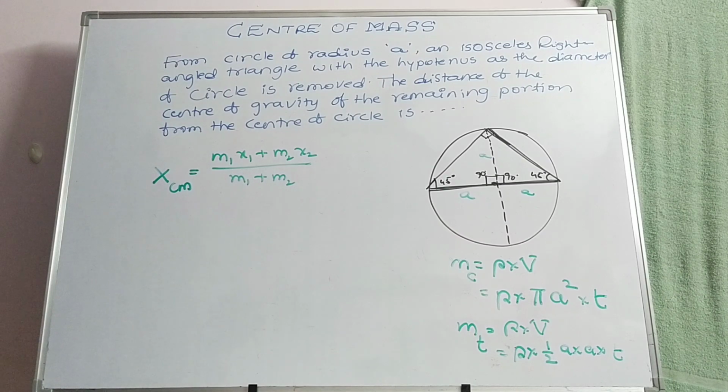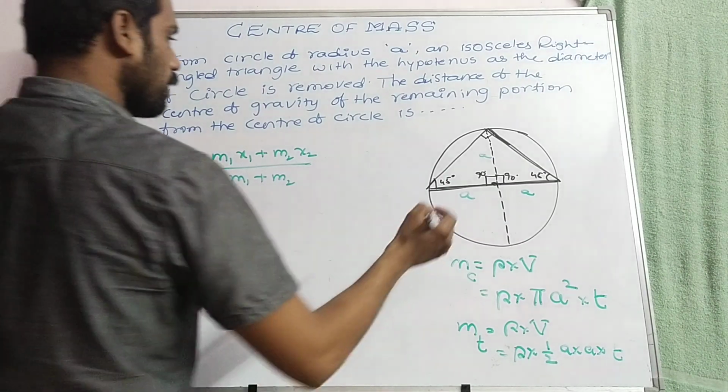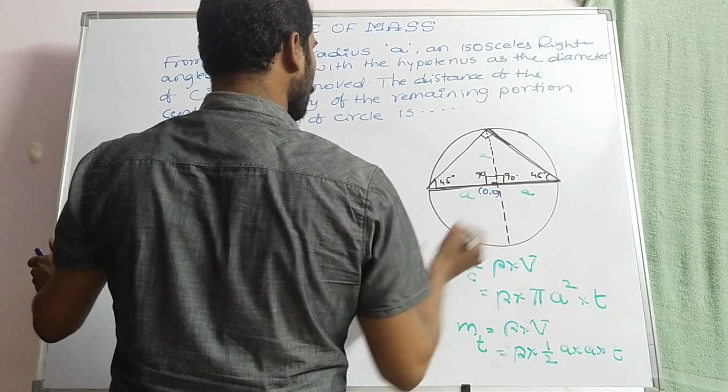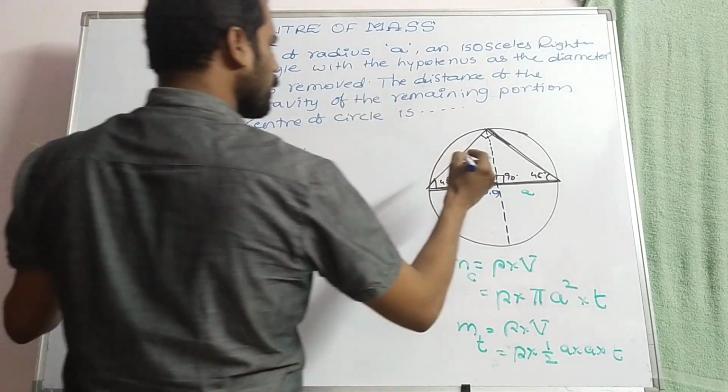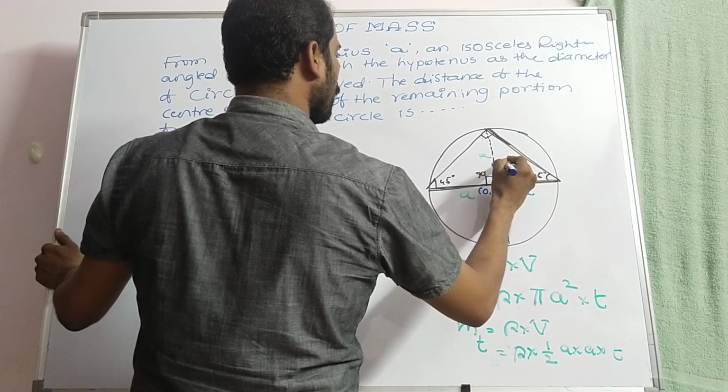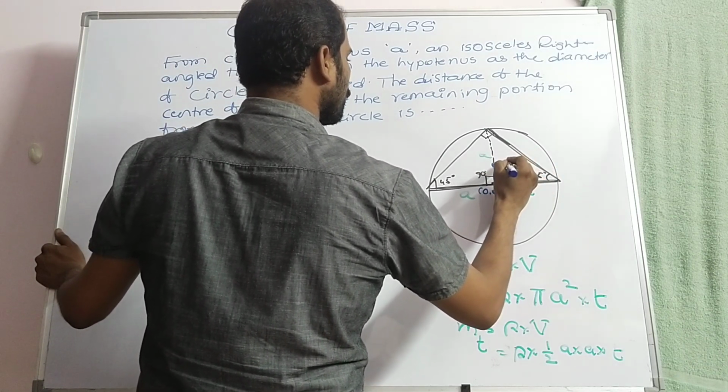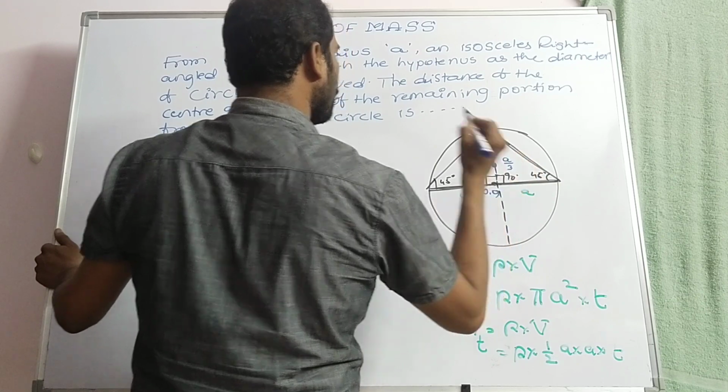Here m1 and x1 will be taken as 0, 0. For the isosceles triangle, the center of mass will be located at a height of r by 3, so according to this we have to write a by 3.